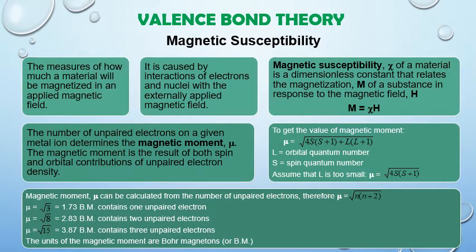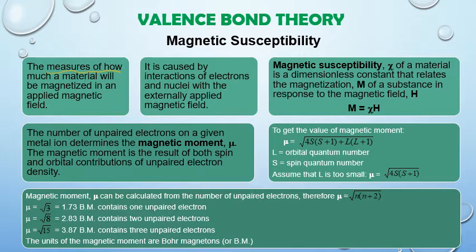So what is magnetic susceptibility? This is the measure of how much a material will be magnetized in an applied magnetic field, and this is caused by interactions of electrons and nuclei with the externally applied magnetic field.